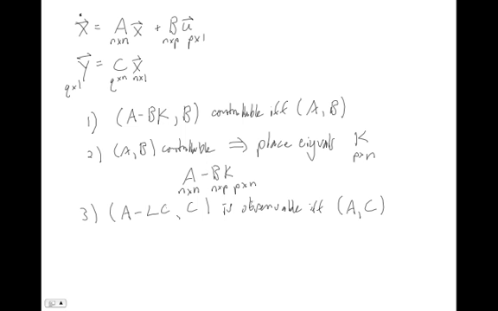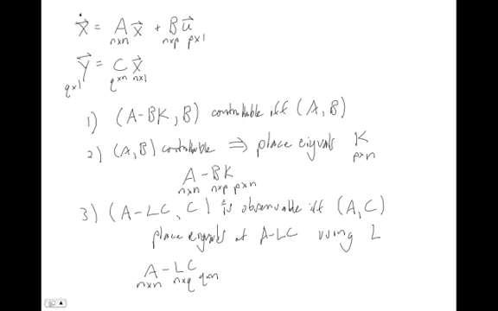That still holds, and we can still place the eigenvalues of A minus LC wherever we want using L. And if you think about dimensions of this, A minus LC is n by n, so LC must be n by n. C is this q by n thing, so L must be an n by q matrix of real numbers. So all of these really important results hold. We can place the eigenvalues wherever we want using these basic state feedback methodologies.